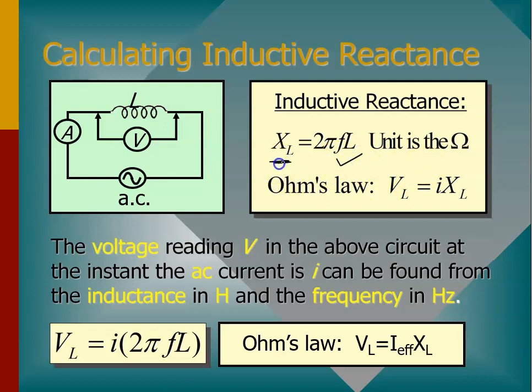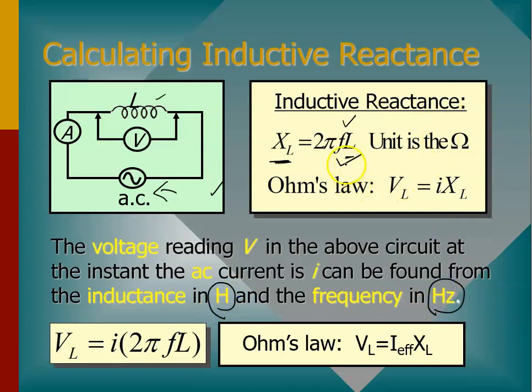Inductive reactance is equal to 2 times pi times the frequency of this circuit, which usually comes from the AC supply, times L. L is the inductance itself. Inductance is usually measured in Henry, H, and frequency is in Hertz.